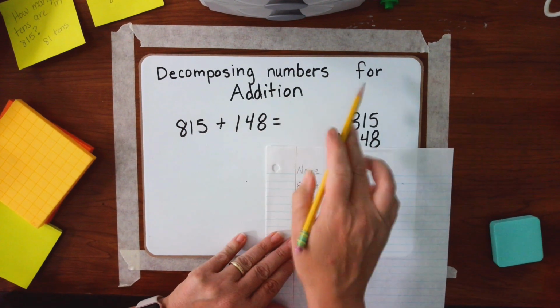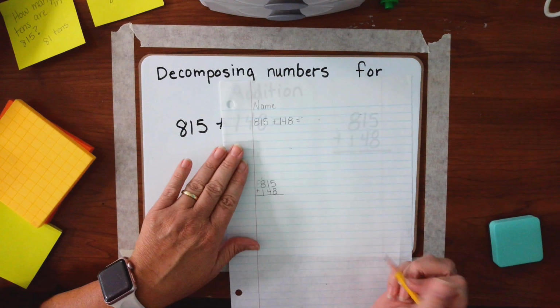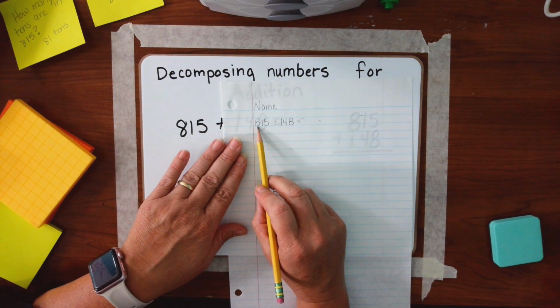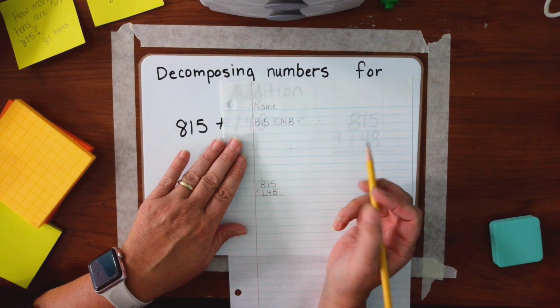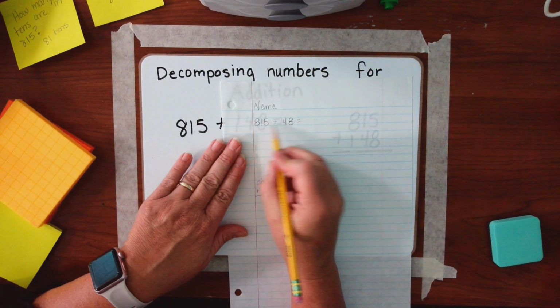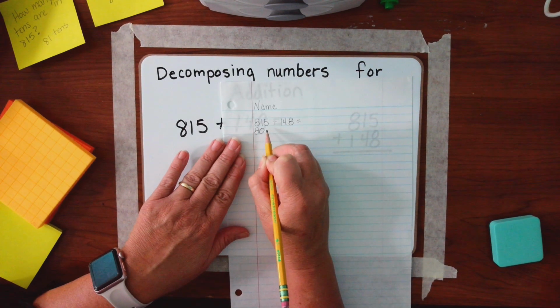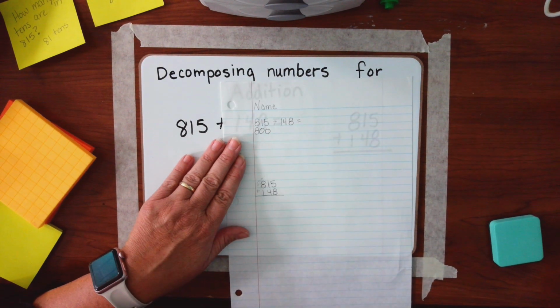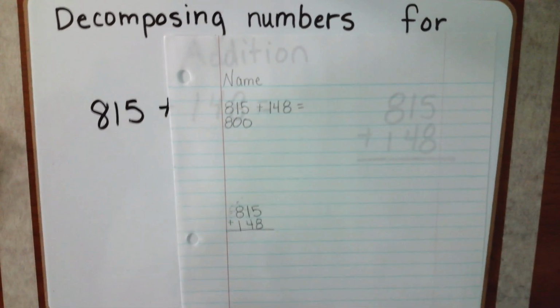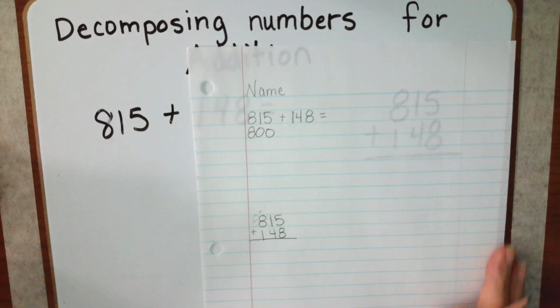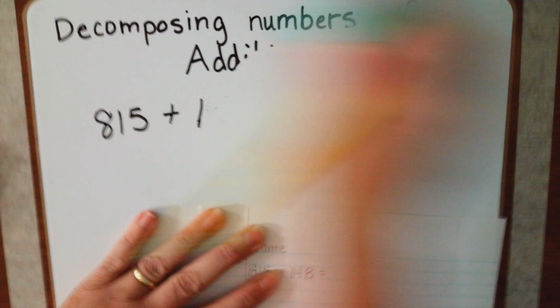Remember, we're decomposing numbers for addition, so we're making them into partial sums. What is the answer to 815 plus 148? If you did the problem this way, you're going to say, well, I have to have 800. I'm going to zoom in some here. There we go. Go ahead and erase this so it's not showing up on the back of it as well.